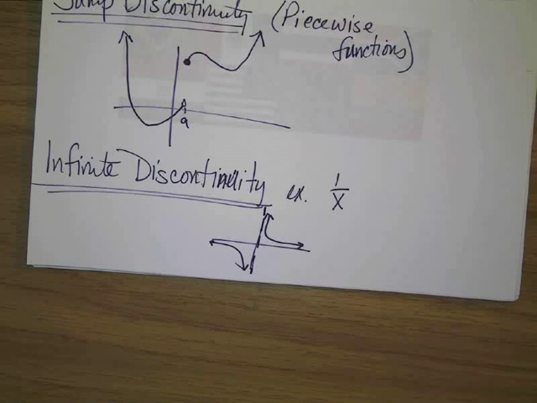So example 5, I'm going to show you a picture in the book, and they want to know, are there discontinuities at x equals 2? Are they removable? So let's check out our little pictures here.